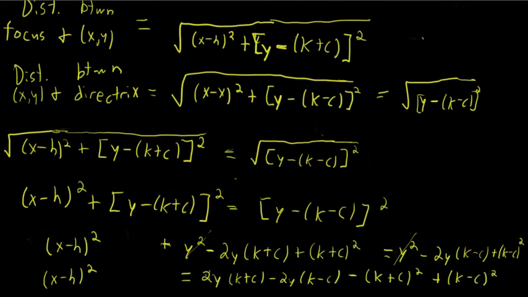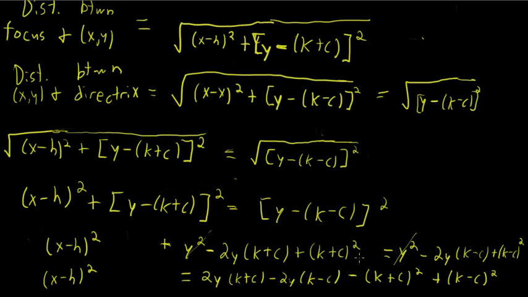Okay, so when I've added 2y times k plus c to both sides and subtracted k plus c, the quantity squared, from both sides, this is the expression we end up with. So you have this 2y times k plus c term on the right side, and next to it I've written the existing minus 2y times k minus c term.